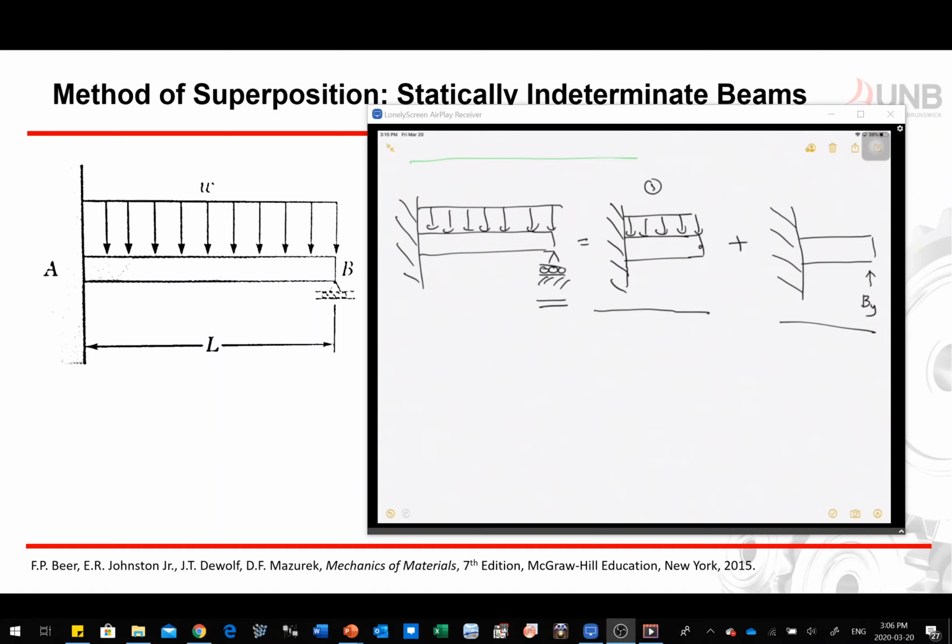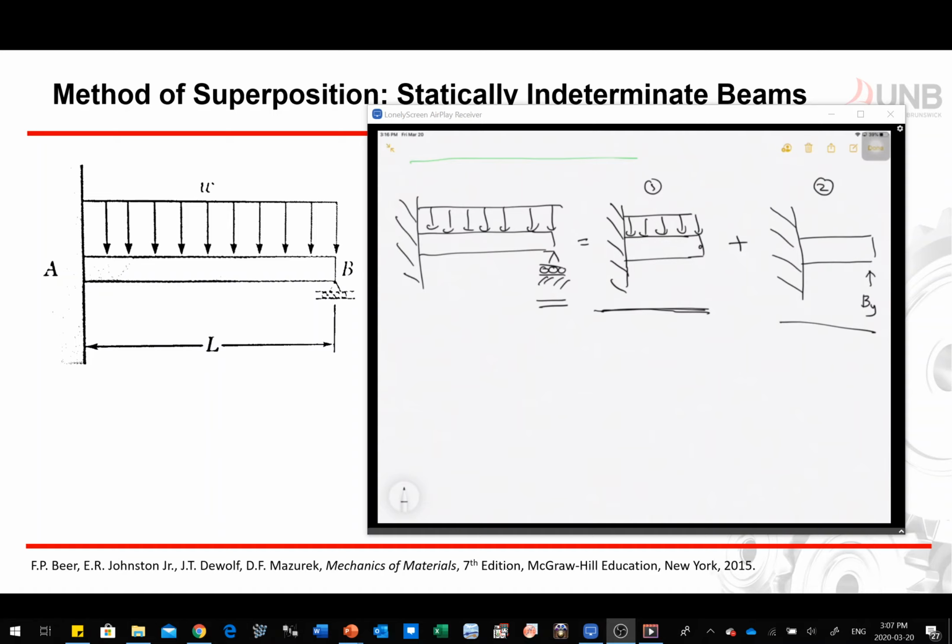For this beam right here, we have number 1 and number 2. If you look at beam 1, this is a cantilever beam, which I think we solved in our previous lecture. How can you, for example, calculate the equation of the elastic curve?